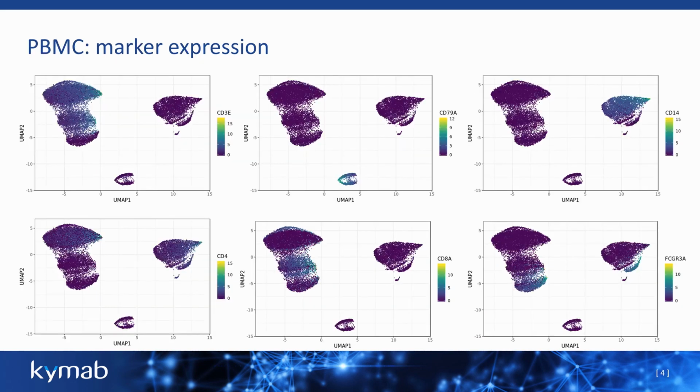So what we've been doing is we've used UMAP. UMAP is very similar to tSNE. It's a dimensionality reduction algorithm, but it's got some performance benefits over tSNE.